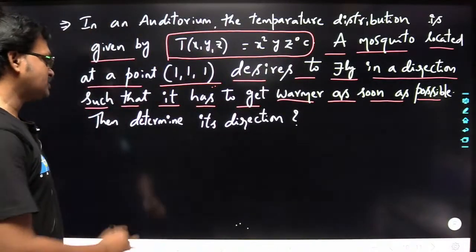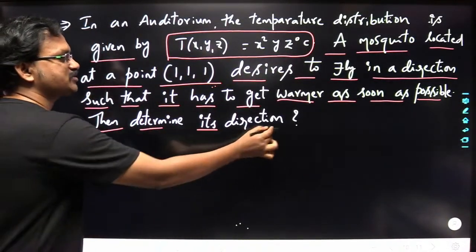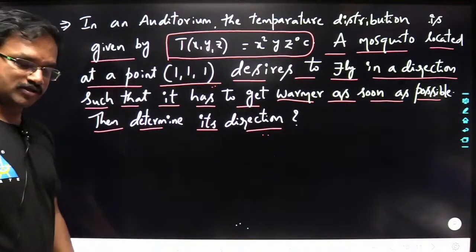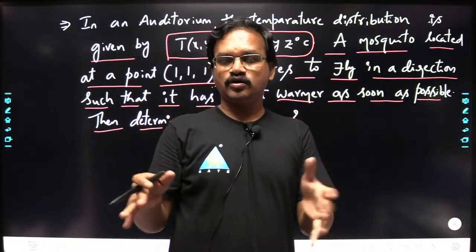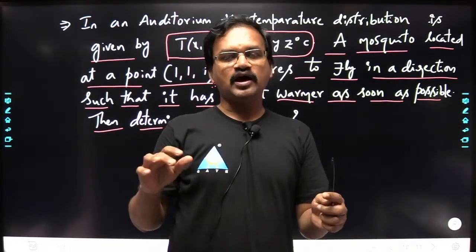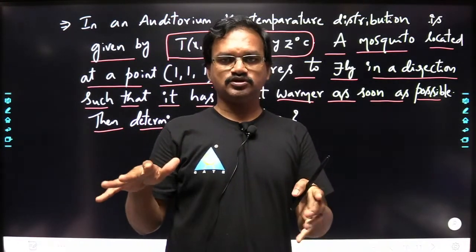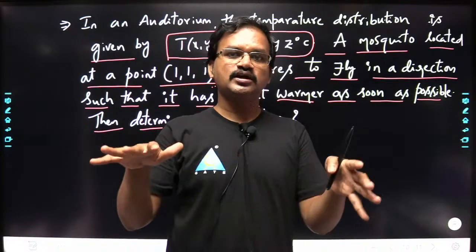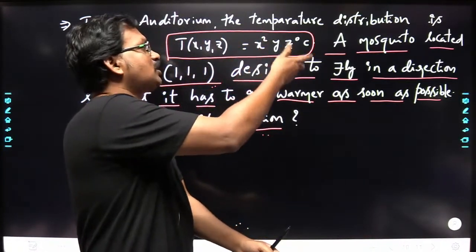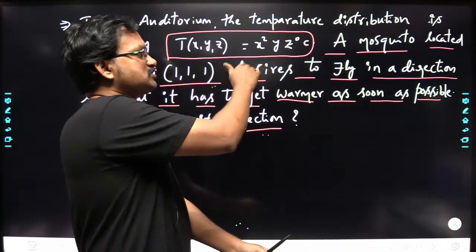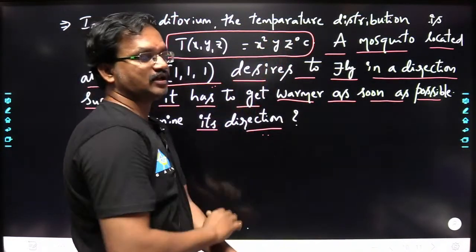Then determine its direction. So you are having an auditorium here. In that auditorium, they have given the temperature distribution, how the temperature is distributed. It is varying as x square yz degrees centigrade.